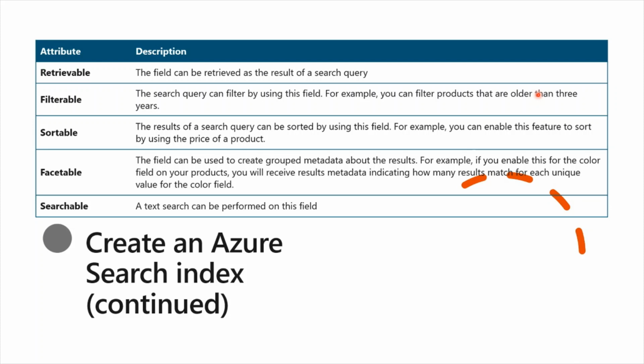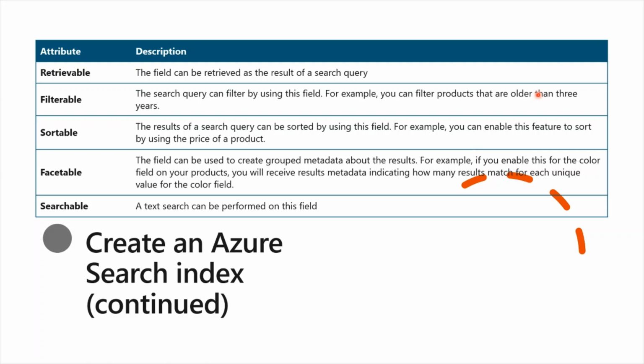So, field attributes. Then you have searchable, which means full text searchable, subject to lexical analysis such as word breaking. During indexing, if you set a searchable field to a value like sunny day, internally it will be split into the individual tokens sunny and day. So this is lexical analysis. Filterable is used to filter with specific words like sunny, day.